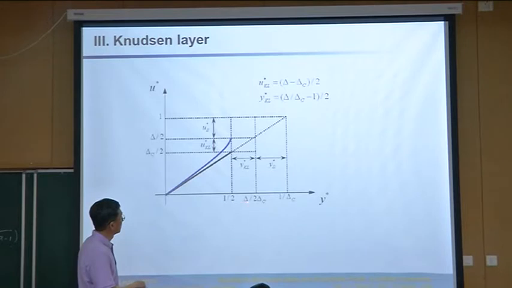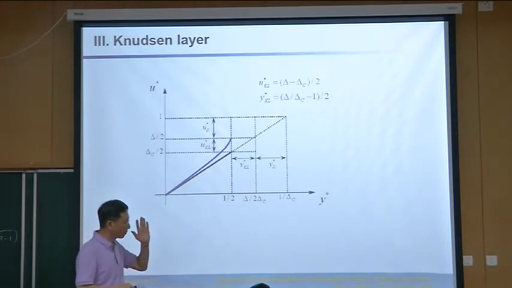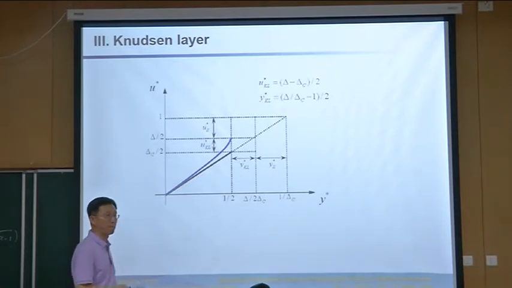This triangle represents the slope. So we call this region the Knudsen layer, because there is slip. So slip alone is not called the Knudsen layer. And why is that in the end?